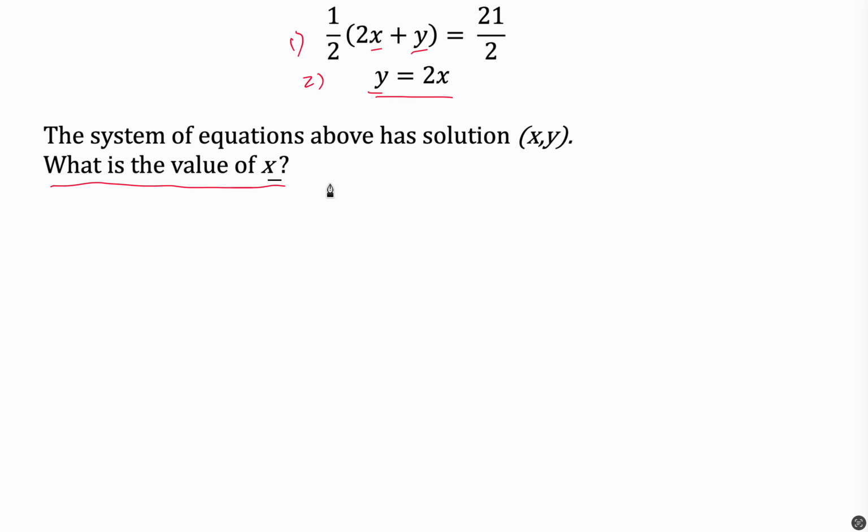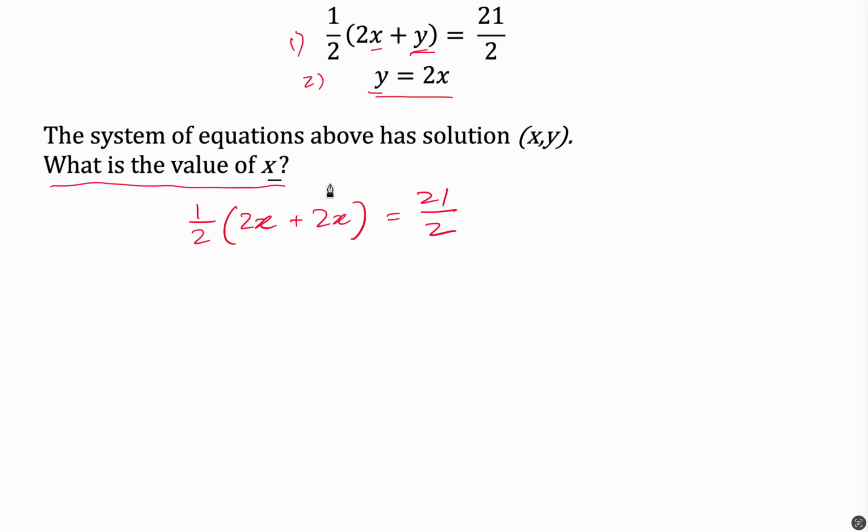Let's rewrite that equation and see what's going on. So we have 1 over 2 times (2x plus, instead of y, we're going to write 2x, to replace the y) equals 21 over 2, right? So that's how you tackle it.